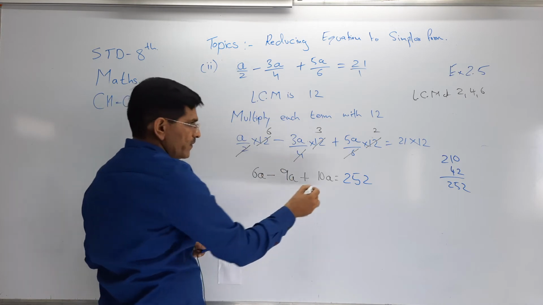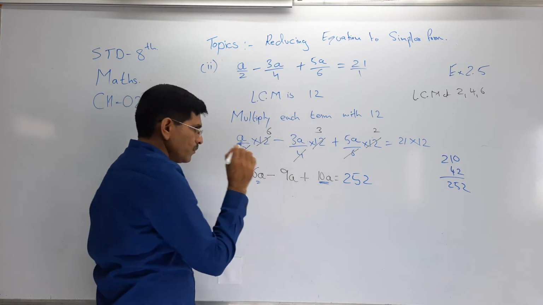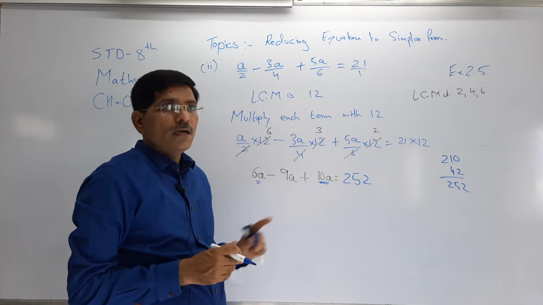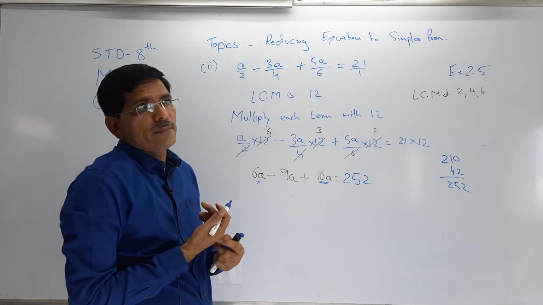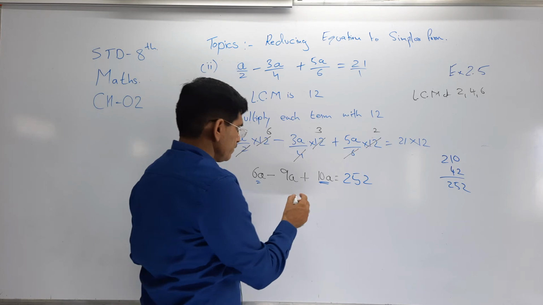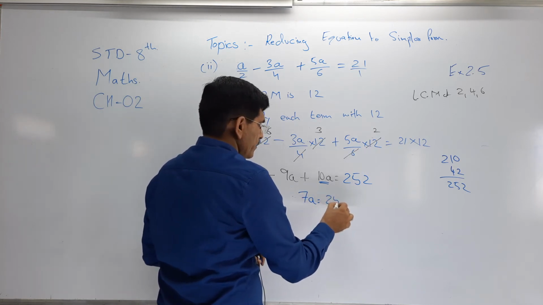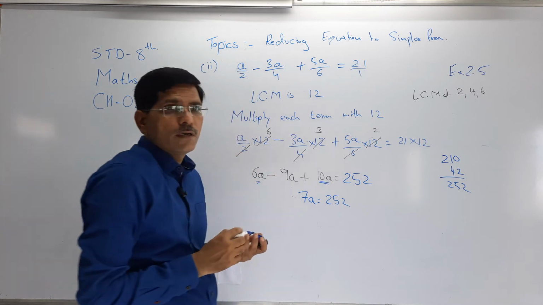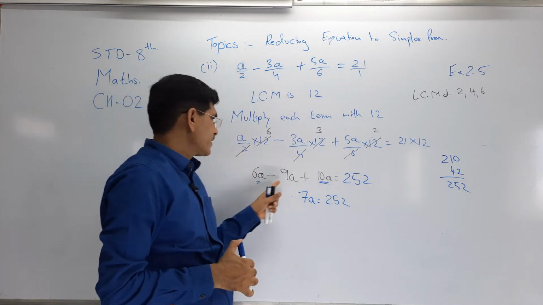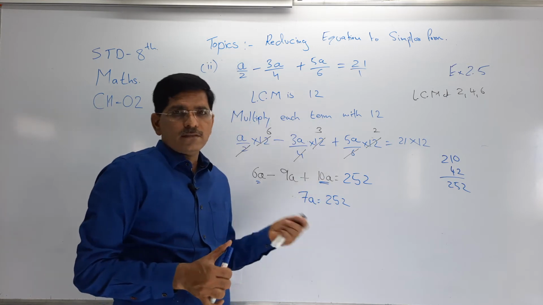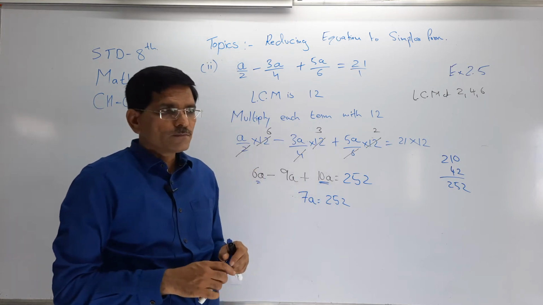Now we have to simplify. 6a plus 10a is 16a, minus 9a, that is 7a, equal to 252. Or another way, 6a minus 9a, that is minus 3a, 10 minus 3 that is 7a.